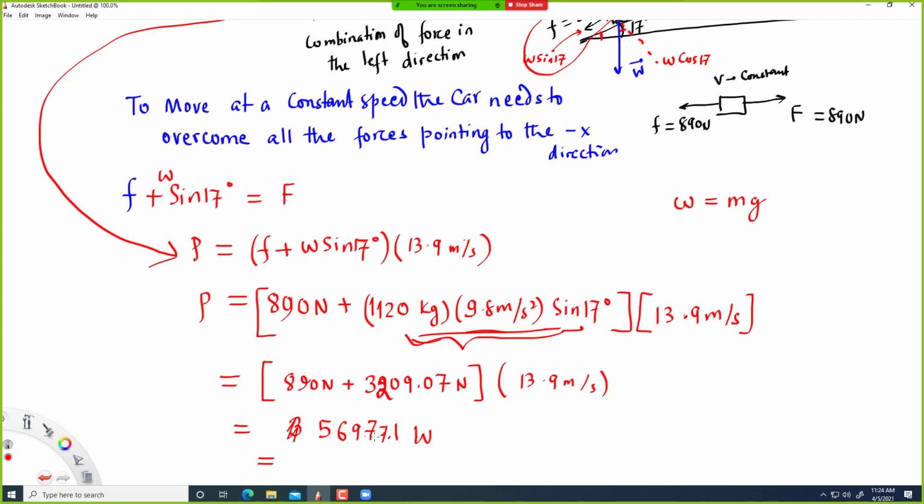So to write kilo in kilowatt, you divide this by 1,000. So when you divide this by 1,000, you get about 57 kilowatt. Okay, so 1 kilowatt is 1,000 watt. So that's the power. There are two ways to find power.